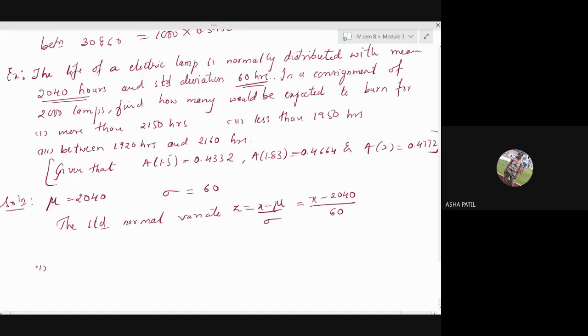Now we go for the first question. Probability that x is greater than 2150, more than 2150 hours. So put x as 2150, obtain your result. For x is equal to 2150, get the value of z.